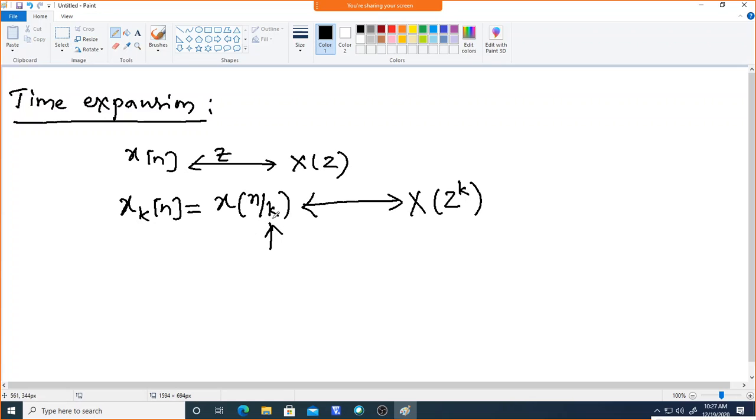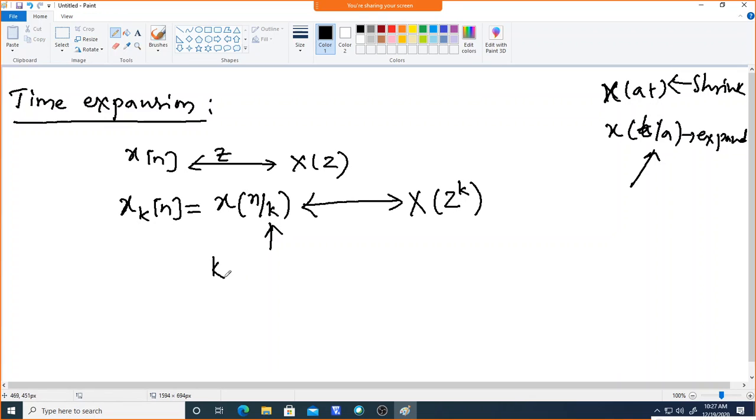That means if we expand the signal, as in the basic operations you have studied, x of at shrinks the signal and t by a expands the signal. Using this expansion in the time domain increases the sample values in the z domain.